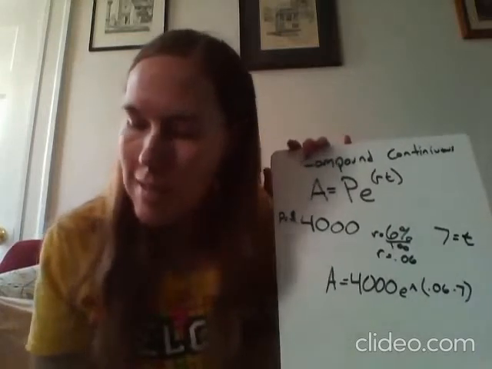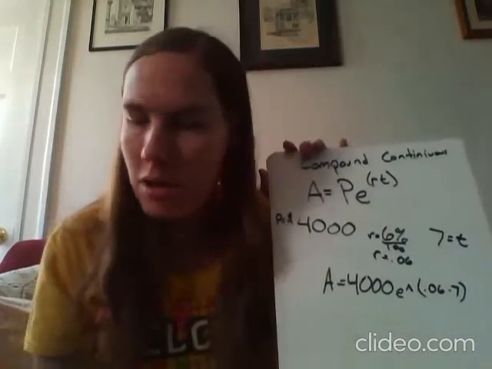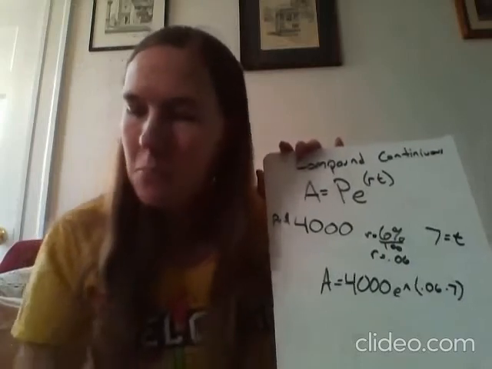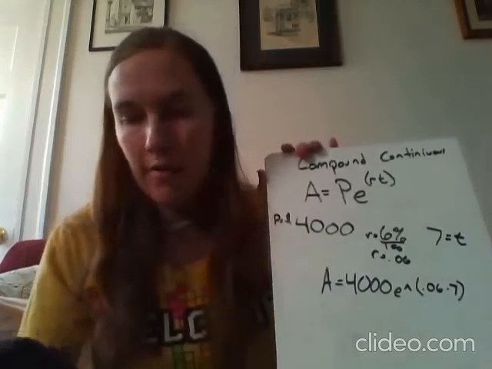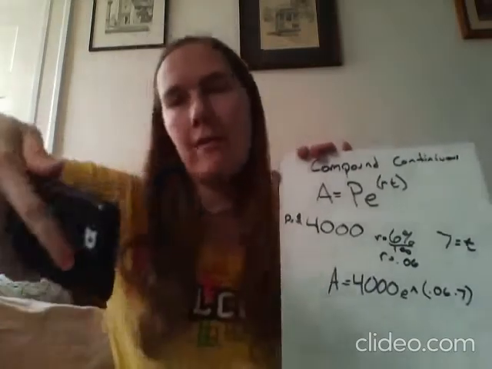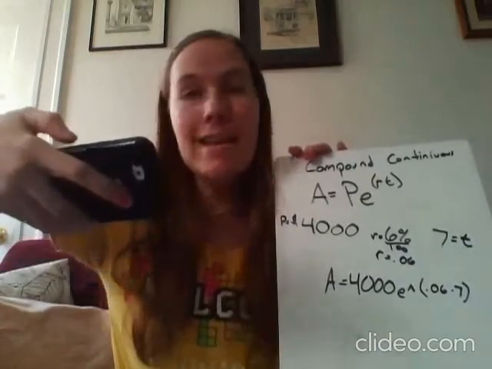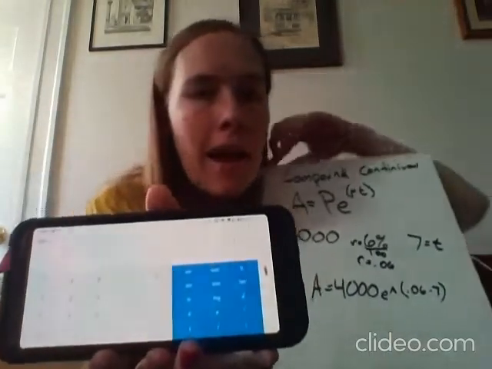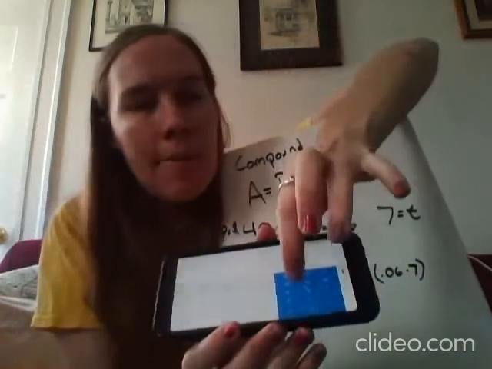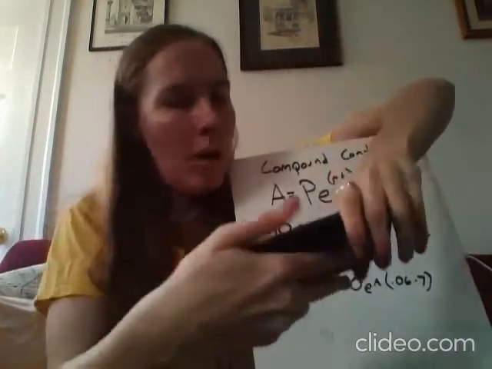Now, when you put this into a calculator or a search bar, let me see if our calculator even has E. I don't think calculators have E. It does. My calculator has E. It's right beneath log.